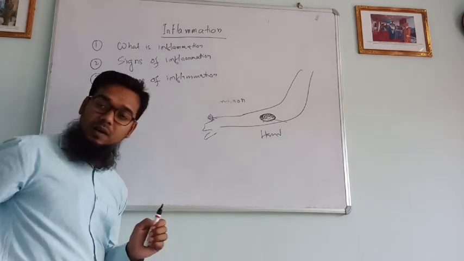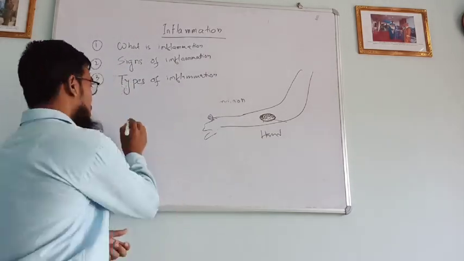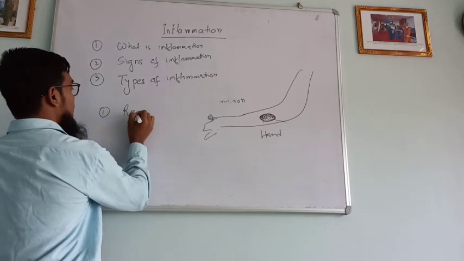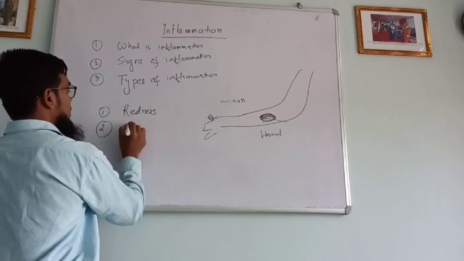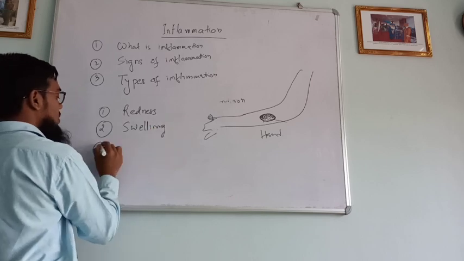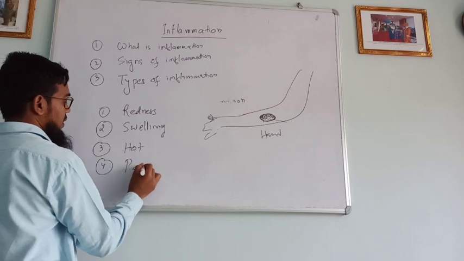Signs. As per our definition, we got very simple four points of inflammation. First is redness. Number 2 is swelling. Number 3 is hot. Number 4 is pain.